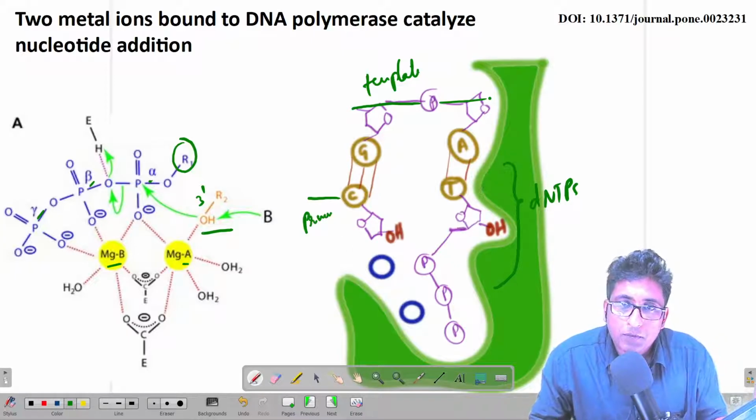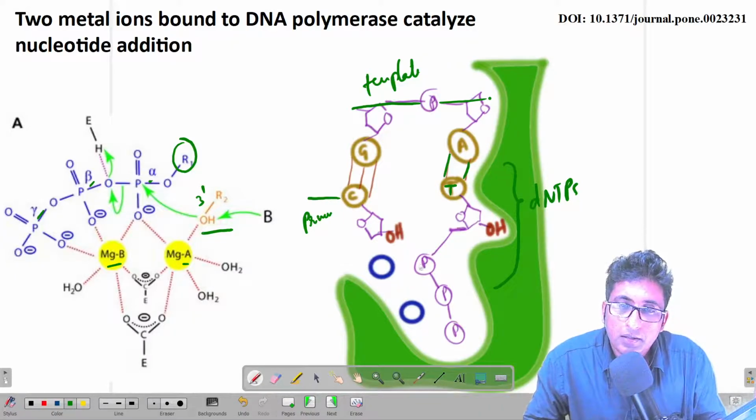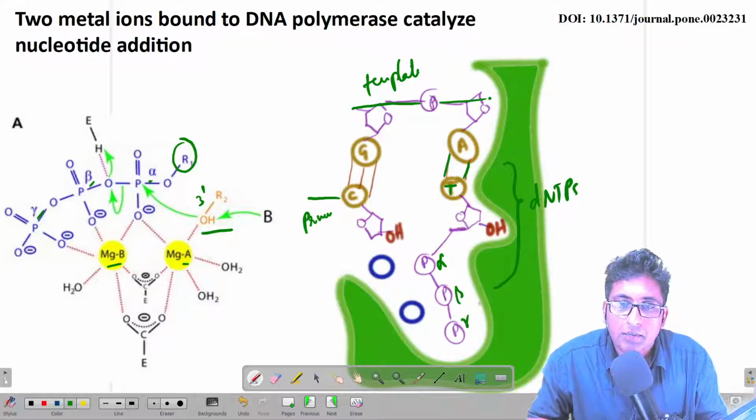So DNA polymerase somehow has to ensure that the T here makes a perfect base pairing. The important thing here is that the alpha, beta and gamma phosphates are placed in this orientation, and we have the 3' OH here.